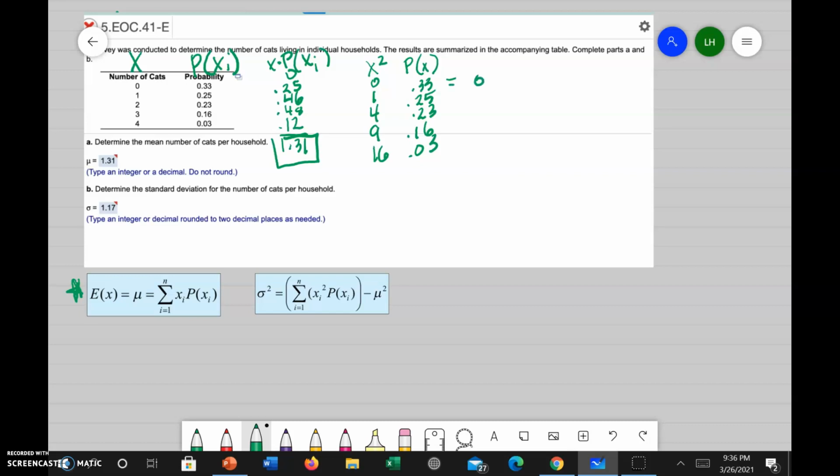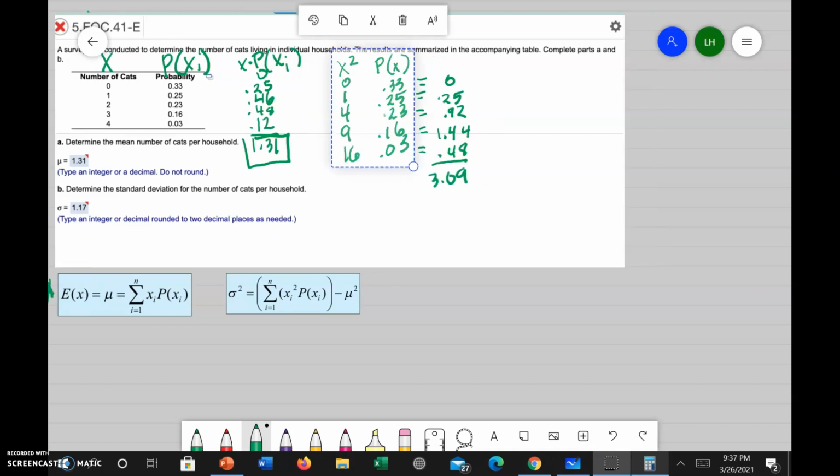So I get 0, 0.25, 0.92, 4, 5, 1.44, and 0.48. So I'm going to add those together.